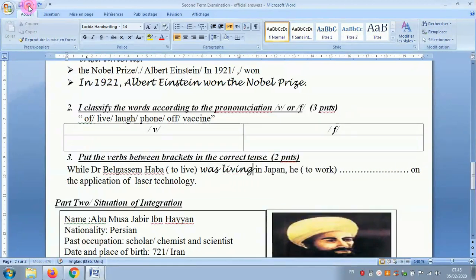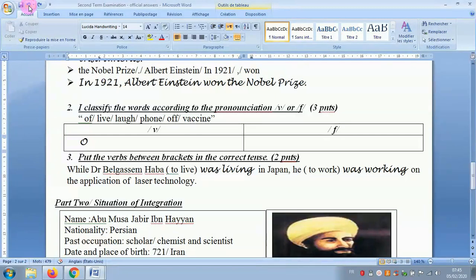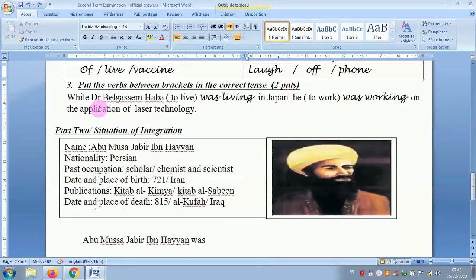So while دكتور بالقاسم هابا was living in Japan, he was working on the application of laser technology. Go back to this activity, we classify.